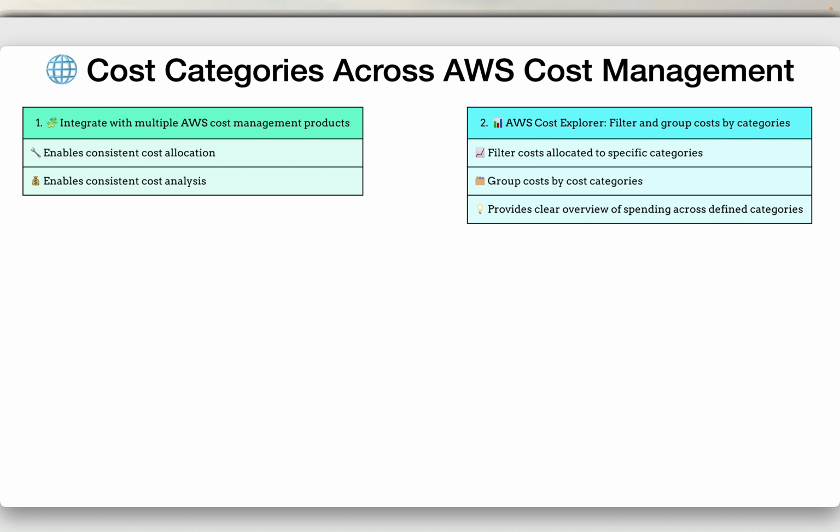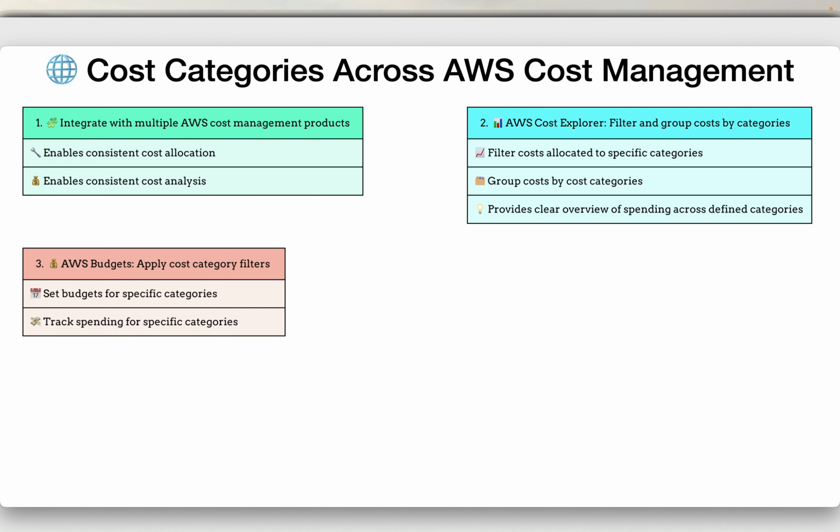In Cost Explorer, you can filter cost allocated to specific categories or group cost by the cost categories. Cost categories can also be applied as filters in AWS Budgets, which allows you to set budgets and track spending for specific categories.